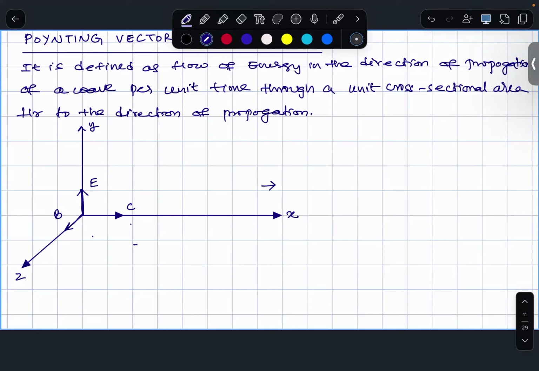Magnitude changes as well as direction changes. Direction change means at this point, the field is in the positive y direction. Some other time, it may be in the negative y direction. During the same time, the magnetic field will be in the negative z direction. Any doubts till this point? Now, imagine a small portion of the space.